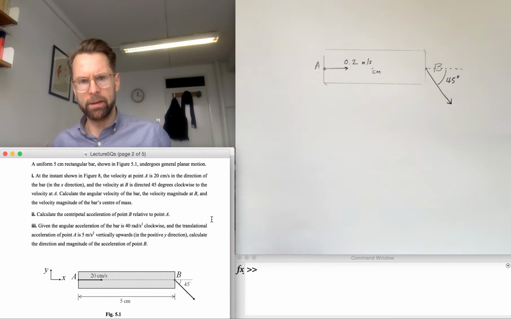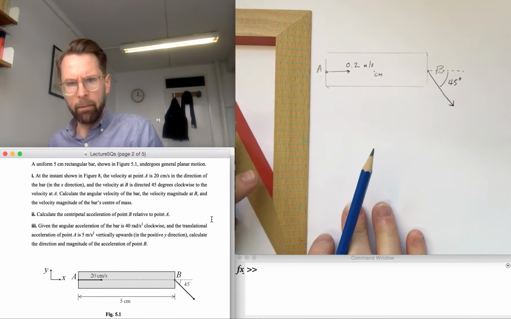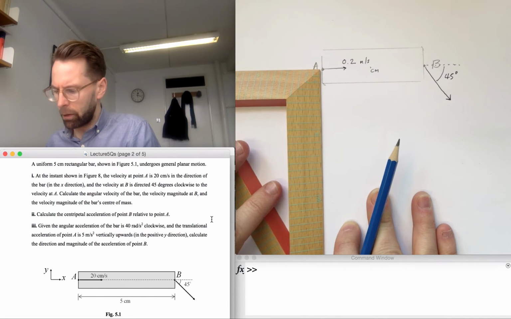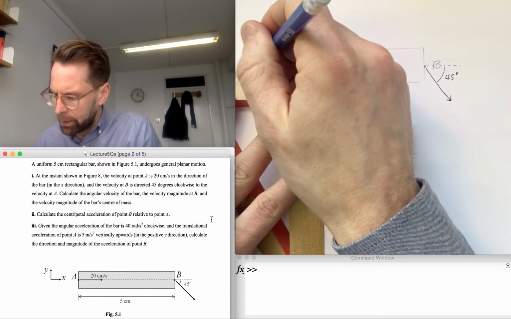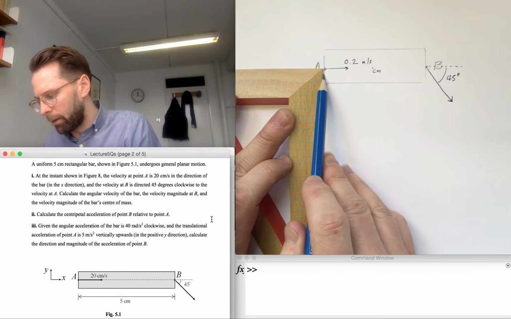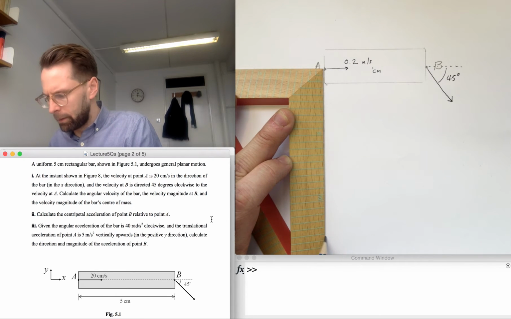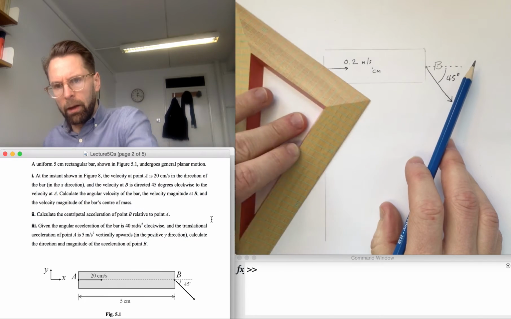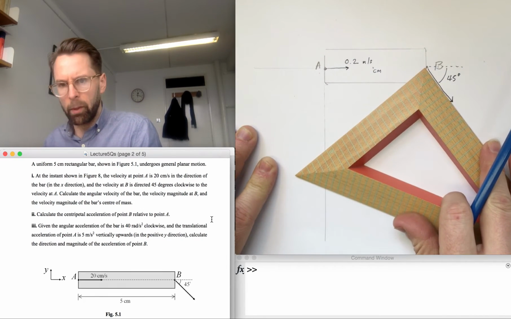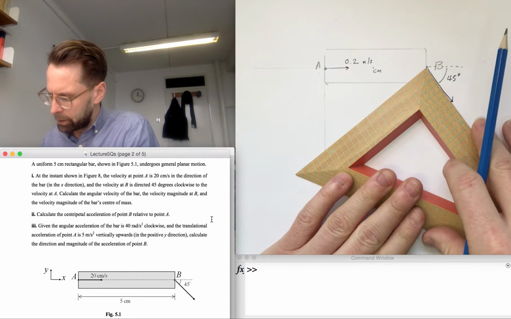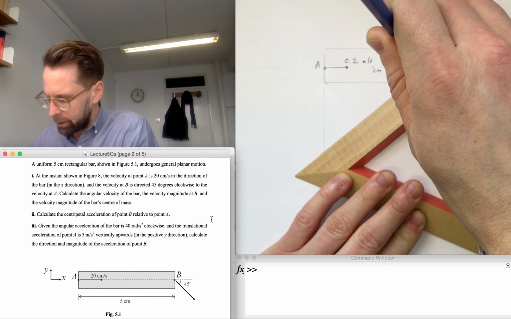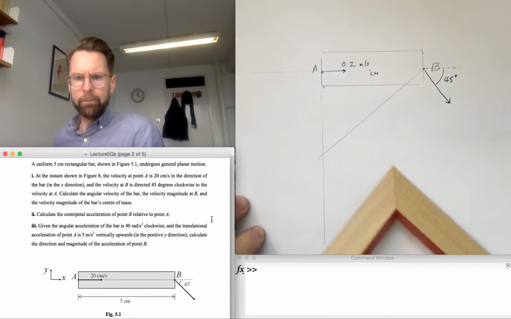And the instantaneous centre is if we draw lines that are perpendicular to the velocity vectors on the rigid body. So this is a perpendicular line here, down here, and then a line that is perpendicular to the velocity at point B. So I did this freehand, so this is not quite 45 degrees. Doesn't look 45 degrees at all, does it?